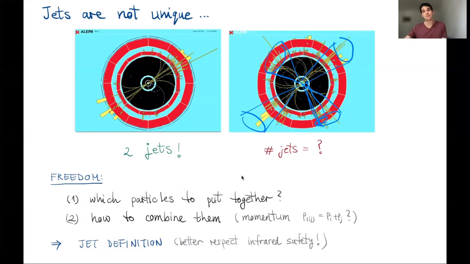But this is by far not the only option you have, and there are different ways of doing it. So these kinds of ambiguities have to be fixed, and in doing so, you come up with a jet definition. Whenever you communicate some jet results, it is absolutely crucial that you specify what definition of jet you have used. There is no complete freedom, so there are a couple of properties that you better satisfy, like infrared safety, and this is something that I will cover in the second lecture.